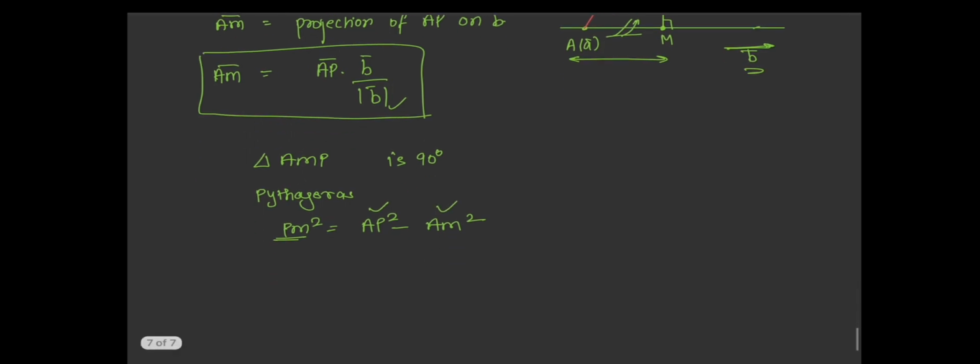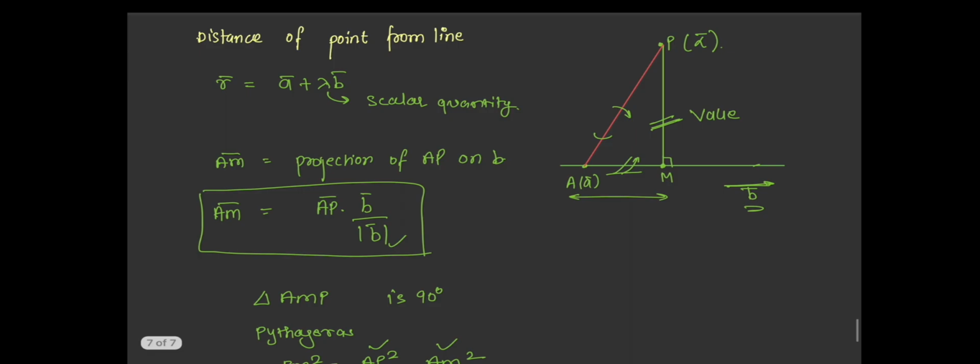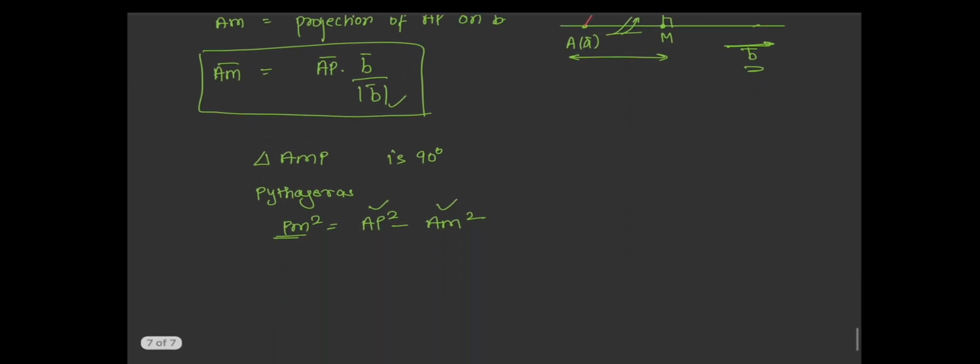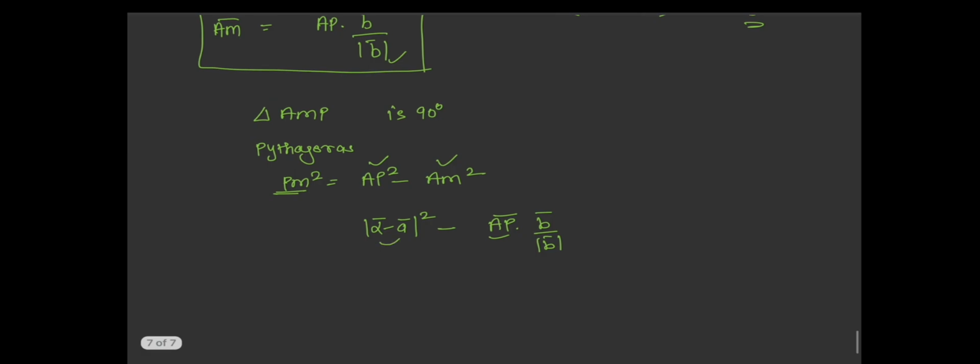What is the value of AP square? AP is nothing but alpha minus a. So we can say this is the magnitude of alpha minus a, and we need its square. Similarly, what is AM? AM we have already calculated, which is AP dot b bar over magnitude of b bar. And what is AP bar? AP bar we already see here.